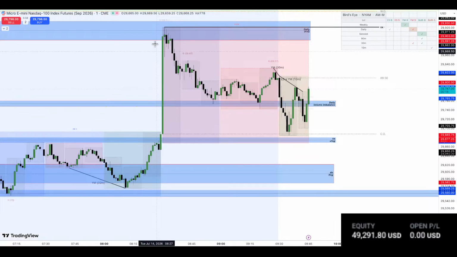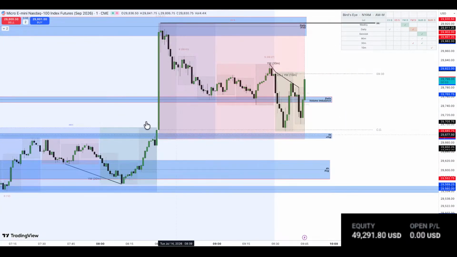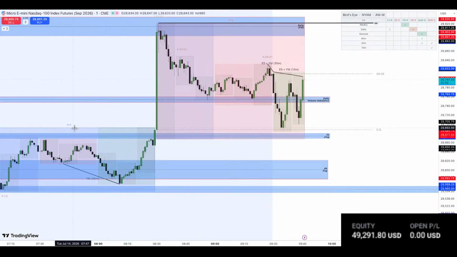And right now, after price tapped this daily inversion fair value gap, it consolidated or pulled back a little bit lower. It can use this high, the AM accumulation, as its support, you know.